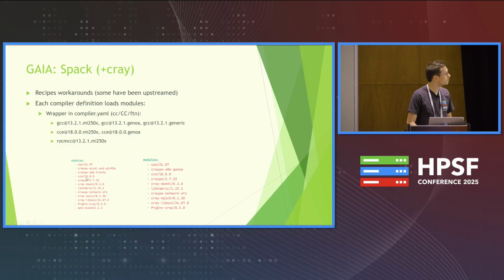This will be in the compilers.yaml, and we can see that we will load some modules that are specific to the partition. In this case, this will be a compiler that is related to the Genoa partition, so the CPU partition, and there is no GPU stuff.